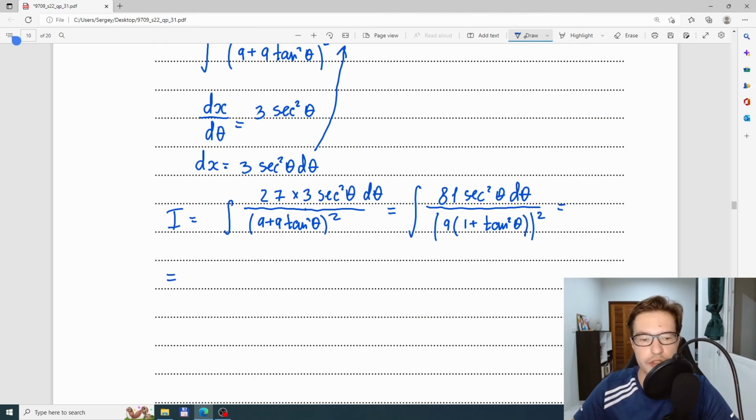Now let's distribute this square at the bottom, and we'll get 81 secant squared theta d theta over 9 squared, 1 plus tangent squared theta. Now 9 squared is 81, so 81 cancels out, and 1 plus tangent squared is secant squared.